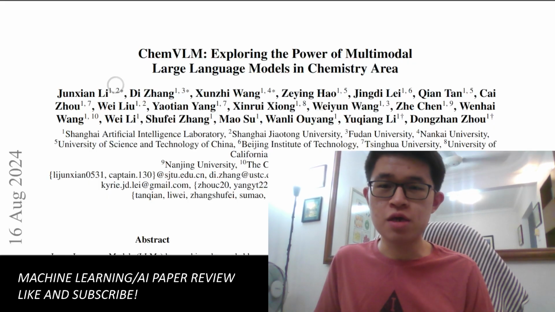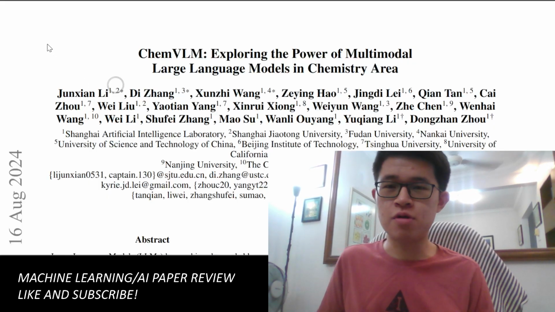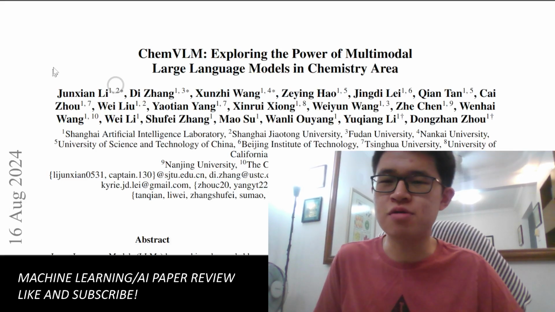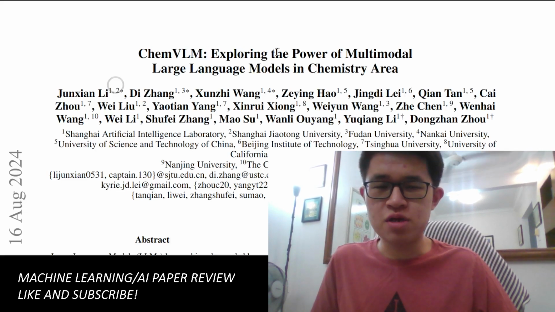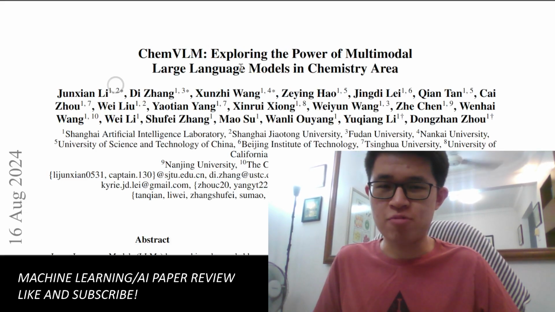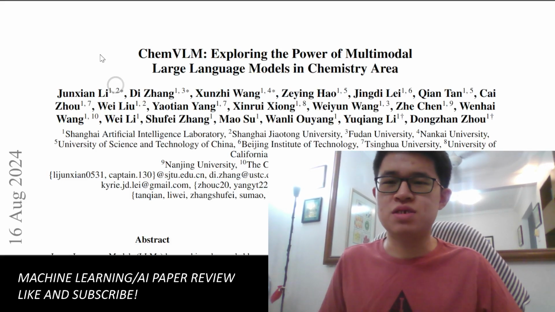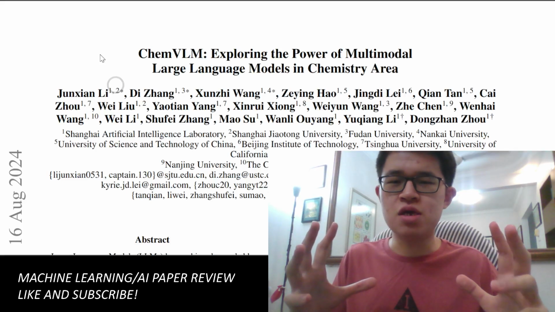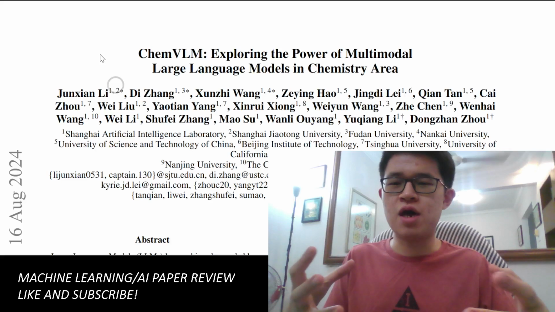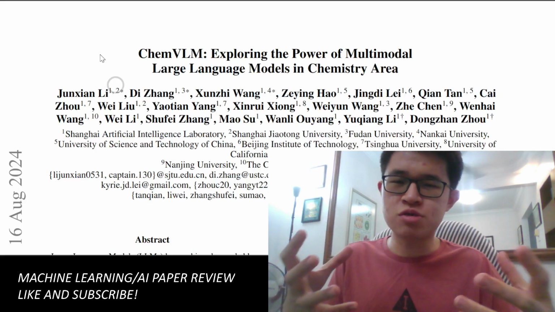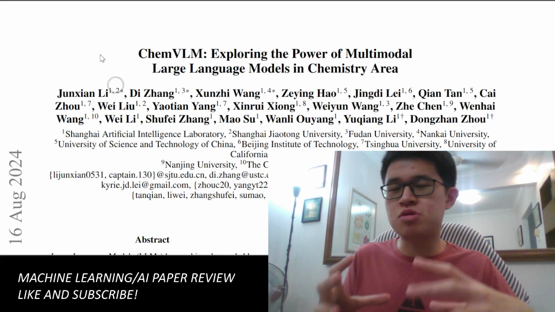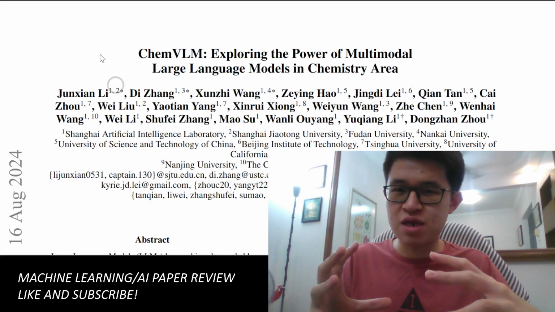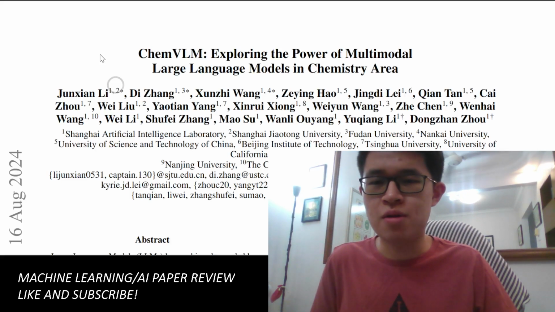Today we will be taking a look into a new paper, relatively new. It's called ChemVLM: Exploring the Power of Multimodal Large Language Models in the Chemistry Area. What this paper is about is essentially proposing an open source LLM model that can look into chemistry data and understand it, right?